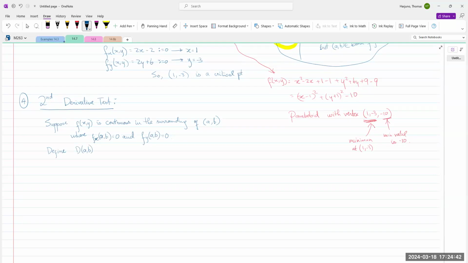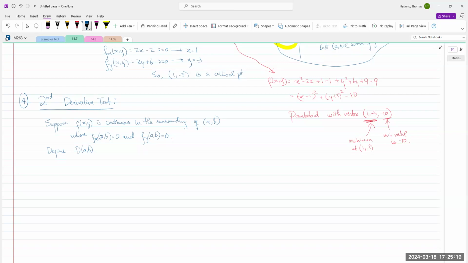This D we can call the discriminant, and you will see it has a pattern like the discriminant we learned in the quadratic formula, which is b squared minus 4ac. We call that the discriminant because it tells us if the solutions of the quadratic equation are two real solutions, only one real solution, or two complex solutions.